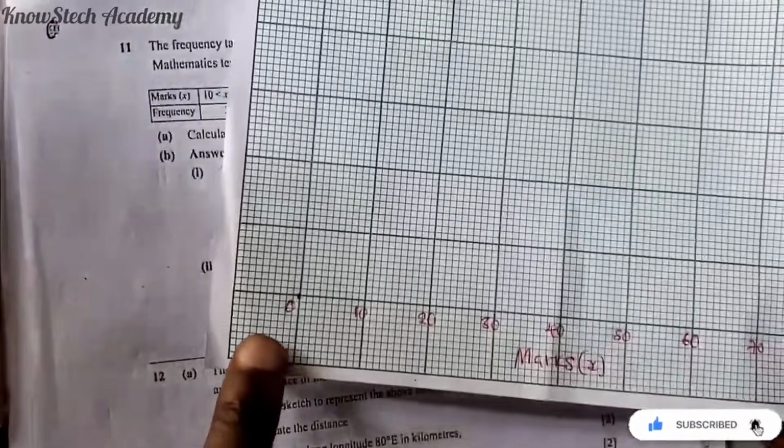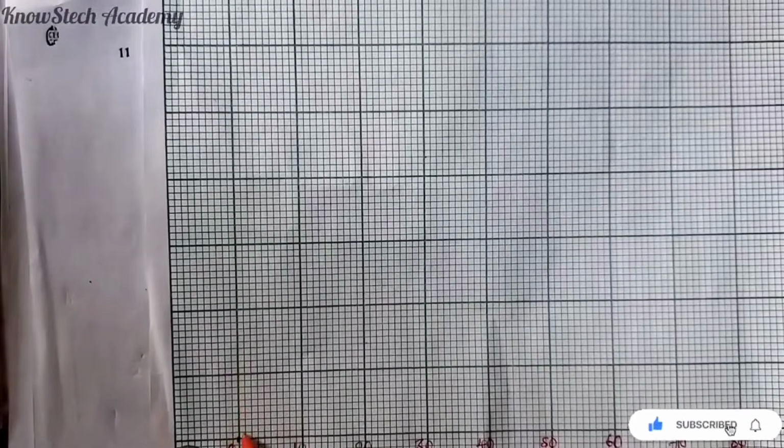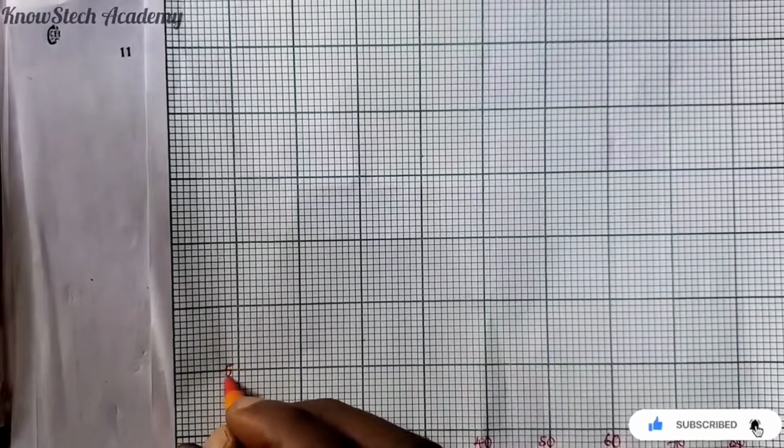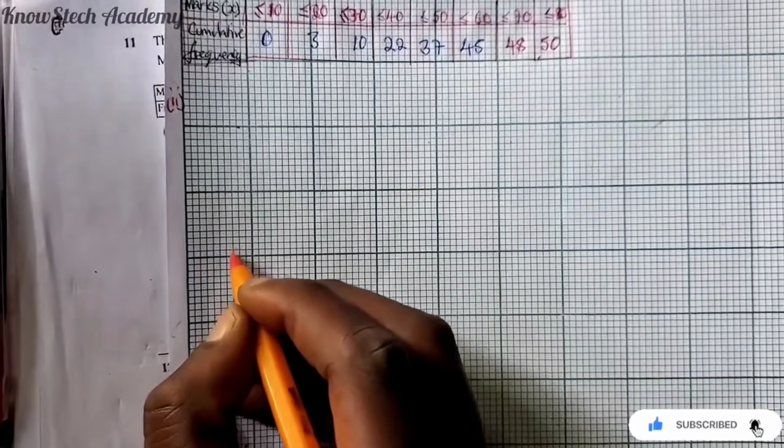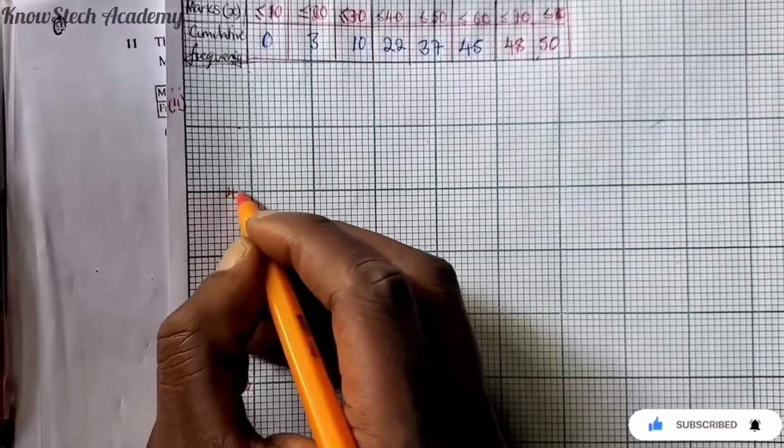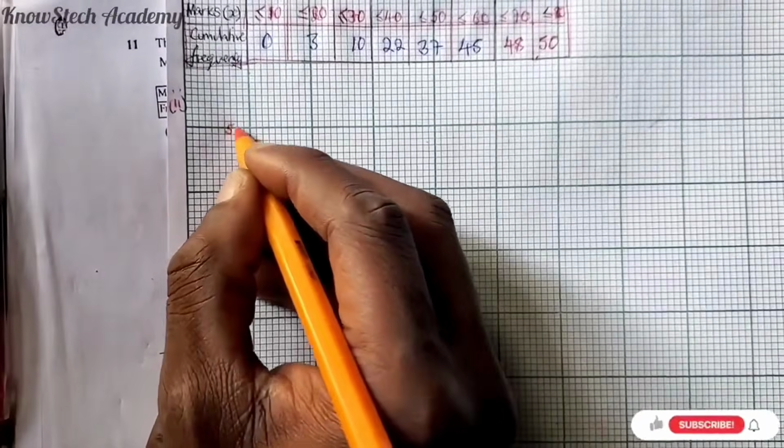Then in the y-axis, we are told that 2 centimeters represent 5 units, and it should end on 50. So this is 2 centimeters, and here it is 5. 5 plus 5, 10. 10 plus 5, 15, 20, 25, 30, 35, 40, 45, 50 here.